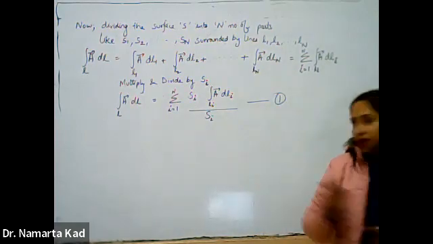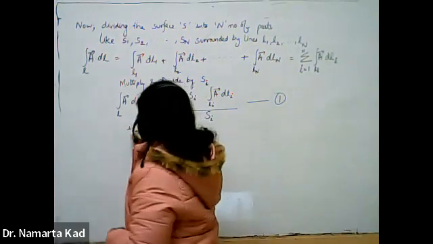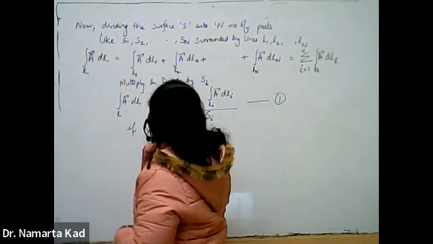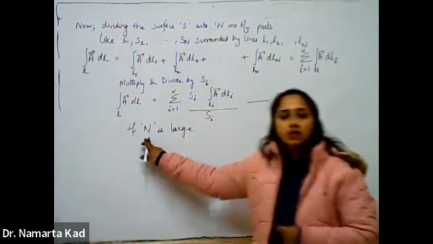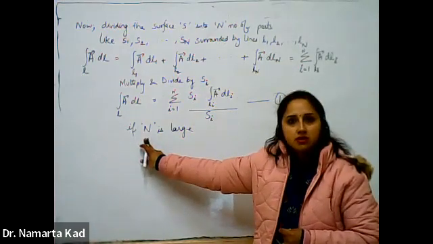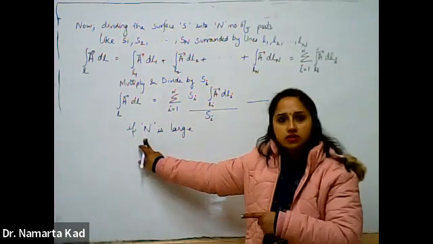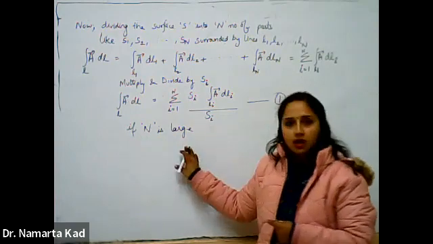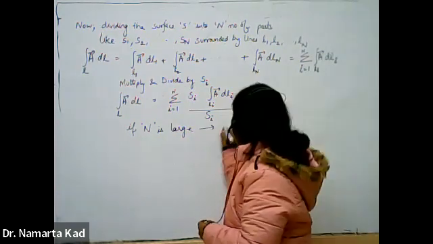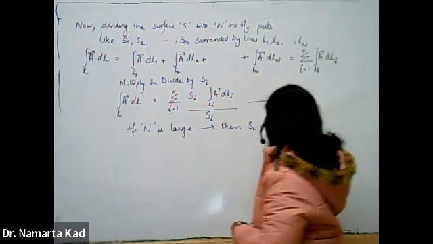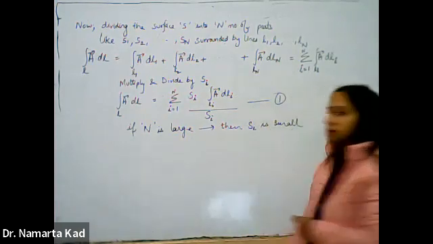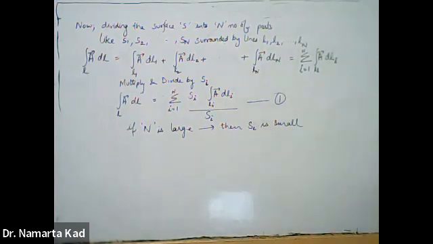If n is large, what is n? n is the number of parts into which we divide the surface. If n is large, then S is small, the area of that particular surface reduces.